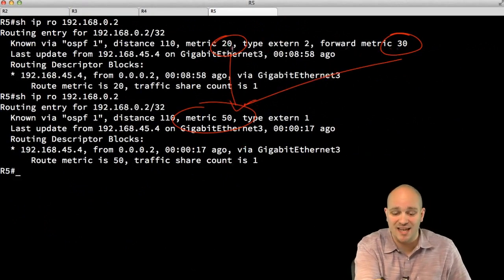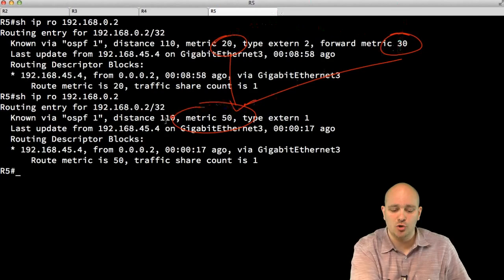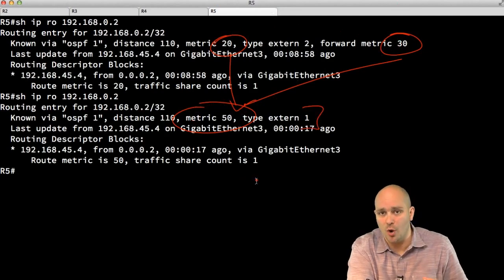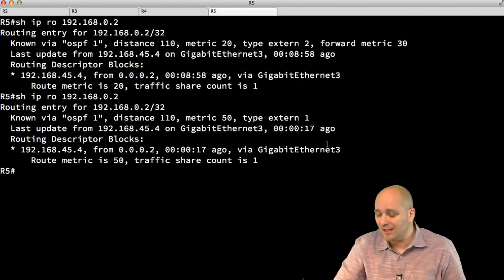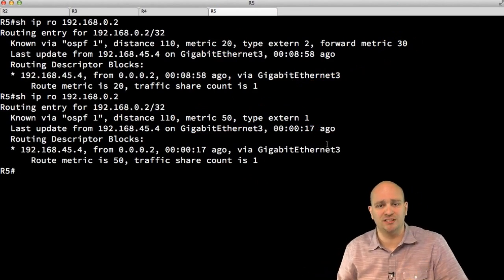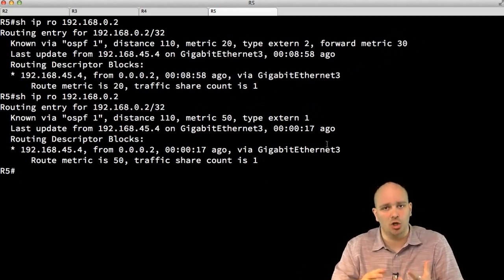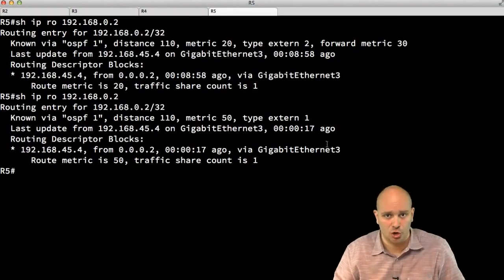I had the external metric of 20 and the internal metric of 30, but now it is shown as a single metric. This is what external 1 routes do. With external type 1 routes, the internal cost is treated equally to the external cost. With type 2, external cost takes precedence over the internal cost.